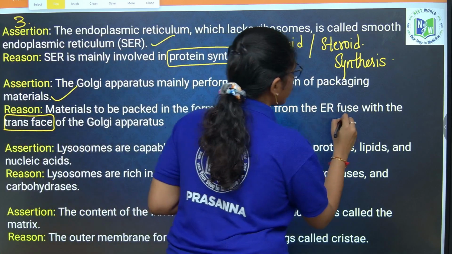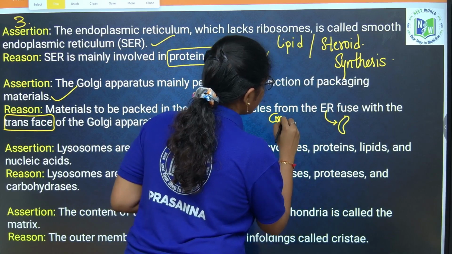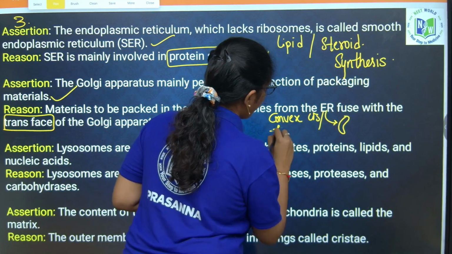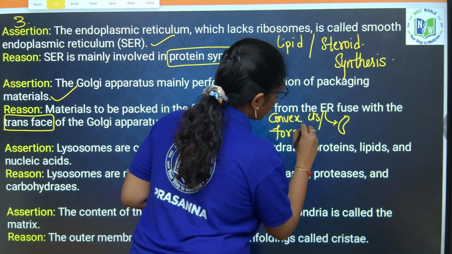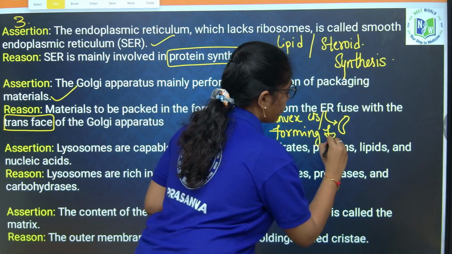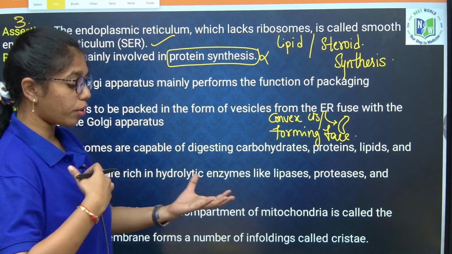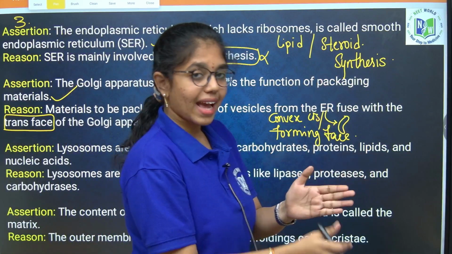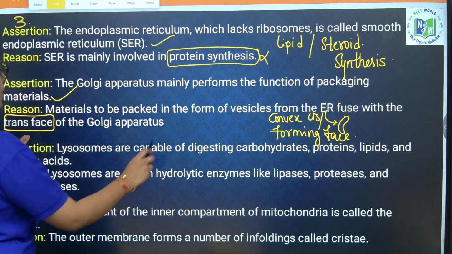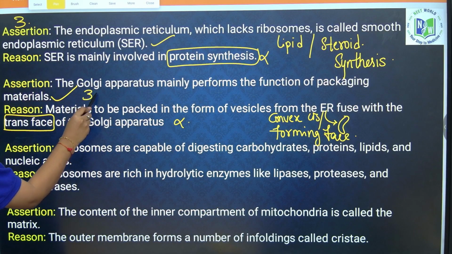They will fuse with the convex cis or forming face. And the vesicles are moved out of the cells through the trans or maturing face, or concave face, of the Golgi. Yes, reason is wrong. Assertion is true, reason is false.